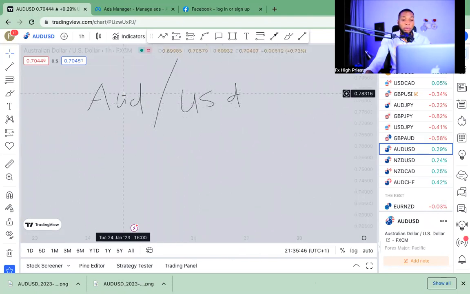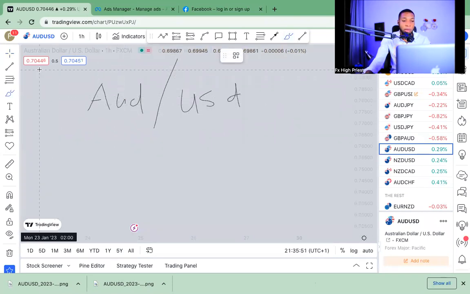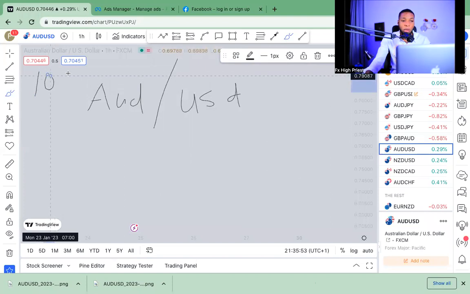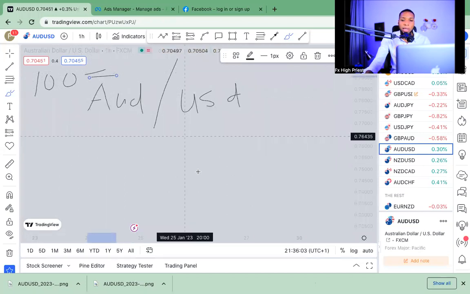Okay, assuming you want to trade US dollars and you have deposited a total sum of $100. All right, let's say you've deposited $100 and you want to risk $20 on this trade.